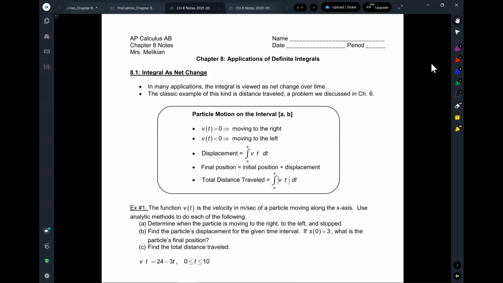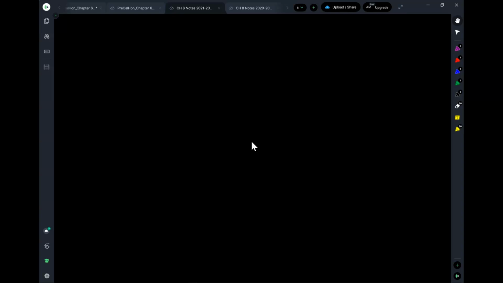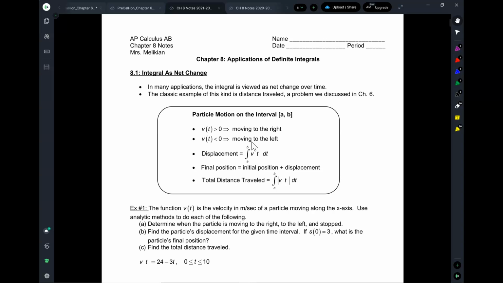All right, so we're going to continue working with integrals, but we're going to talk about net change. Let's think about what net change is. Suppose you had a liter of a liquid, and that's what you started with.